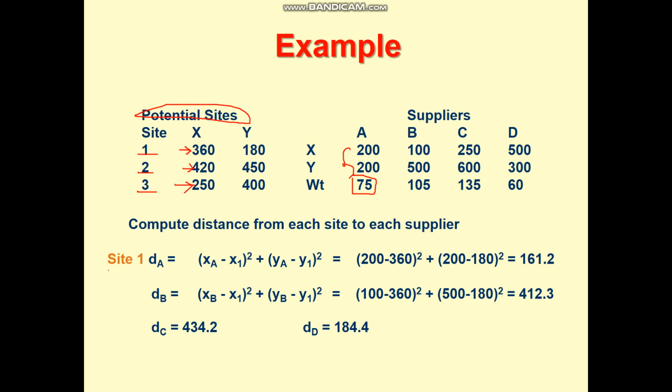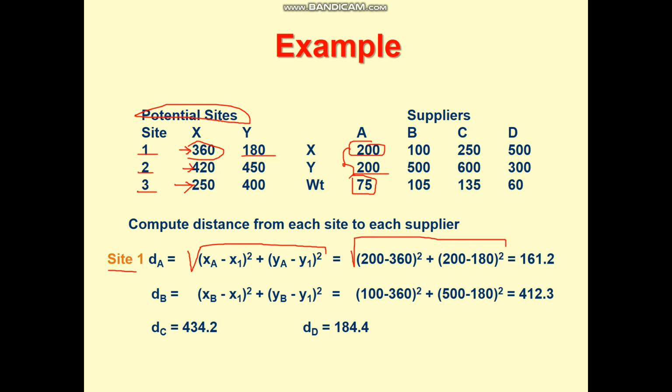So here for site 1, we calculate the Euclidean distance from supplier A to site 1 by xa minus x1, squared, plus ya minus y1, squared. Then we take the square root.